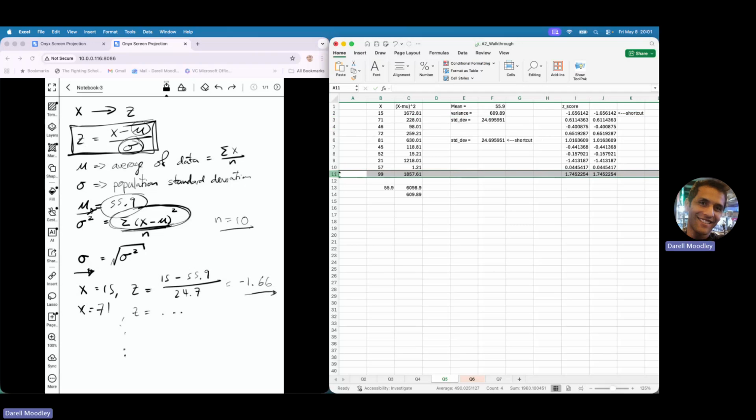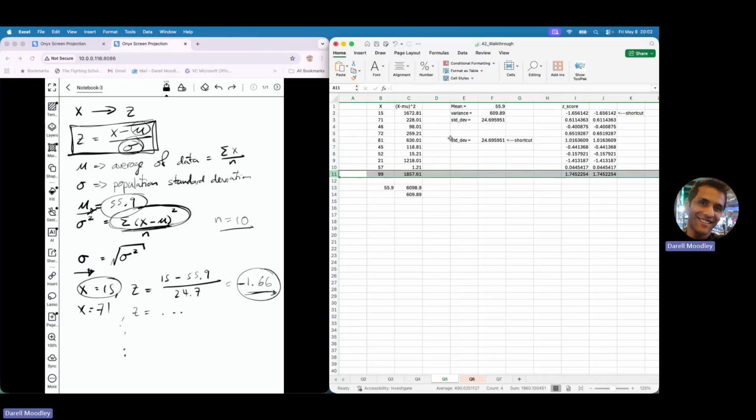And what does this value mean? Because it's a minus, what it's saying is that for 15, when x is 15, it means it's below the mean, or it's on the left of the mean. And by how much? Well, that's what the number tells you.